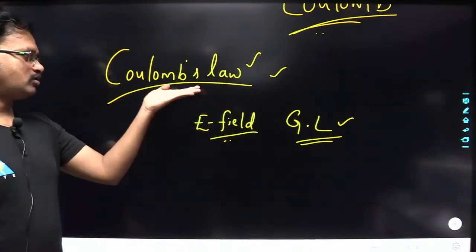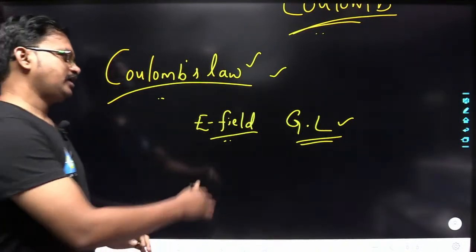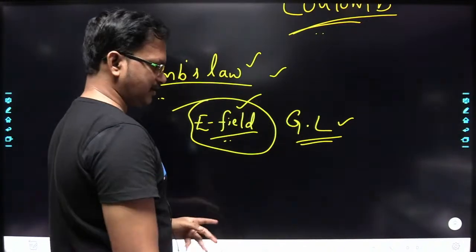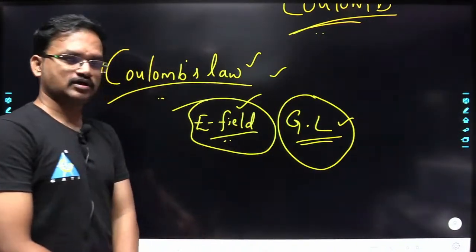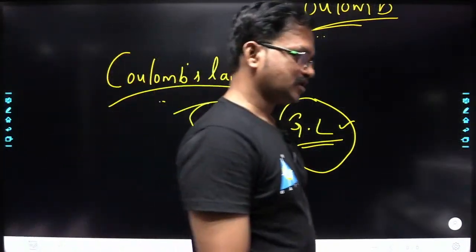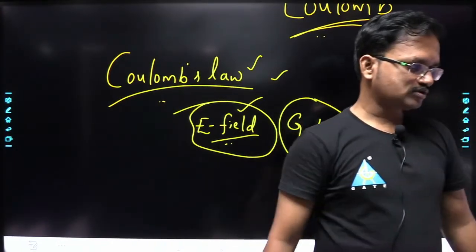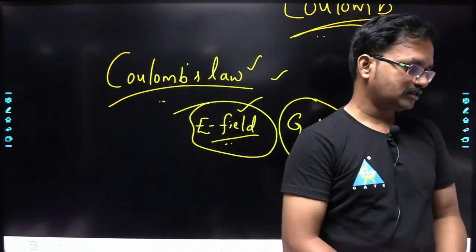Once we complete Coulomb's law, we will define electric field. Once we understand what electric field means, then we will go for Gauss law. So with this I am winding up today's session. Tomorrow we will continue with Coulomb's law.